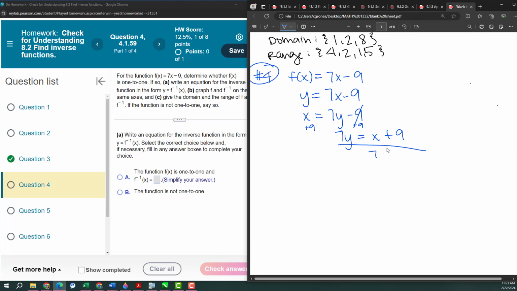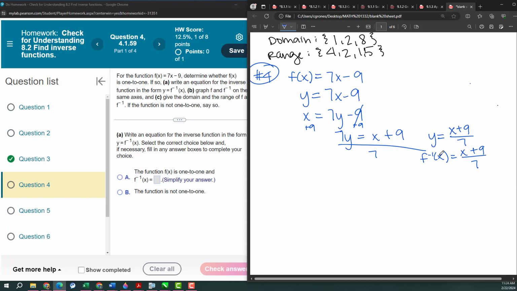And then I'm going to divide by 7, and I get that y equals (x plus 9) over 7. I can now change this back to the inverse, (x plus 9) over 7.